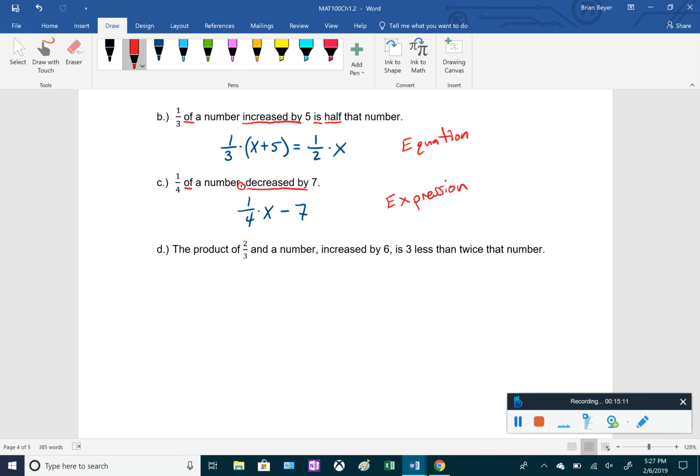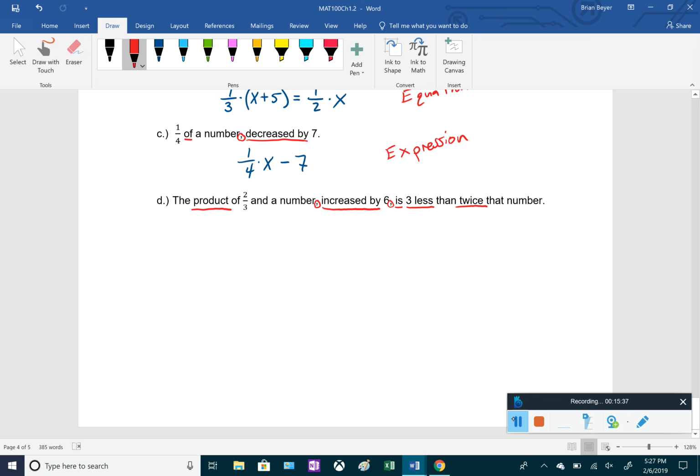Okay, and then the last one here, the product of 2/3 and a number. So product is multiplication. We have a comma, so I'm just going to circle that for now. Increased by 6 is addition. We have another comma. Is, so equal to, 3 less, subtraction, twice that number, twice is multiplication.